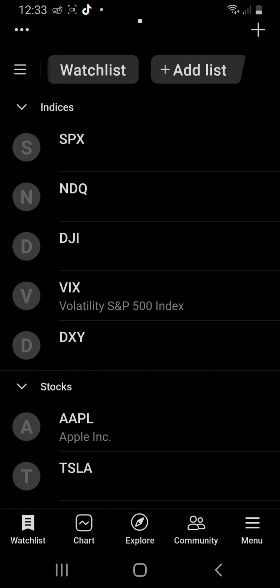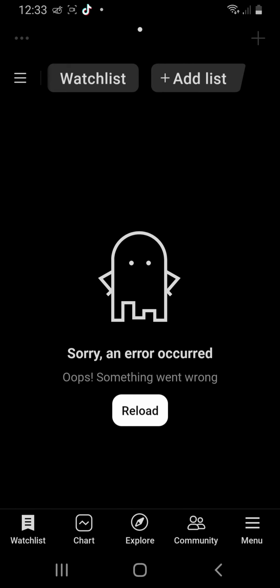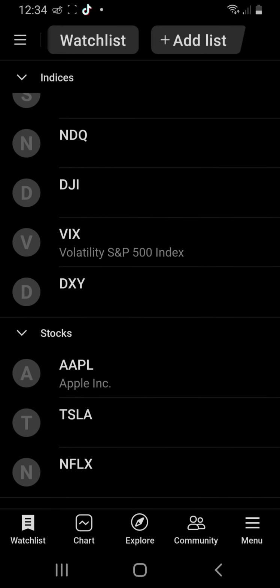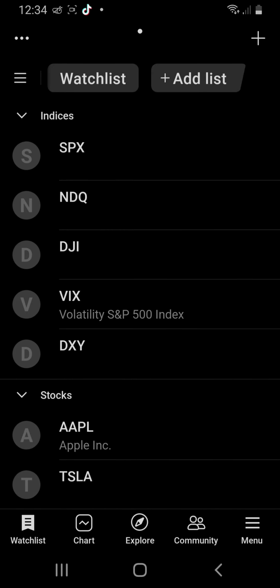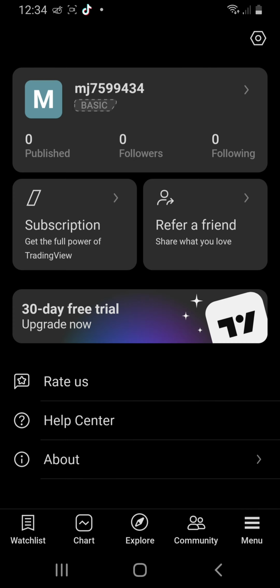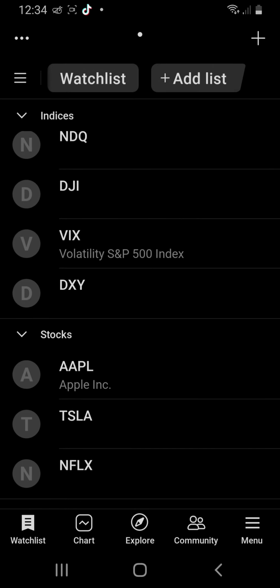So first thing, if you are a newbie on TradingView, the first thing you need to know is that TradingView is a platform that we use to do our technical analysis, to predict, anything that is considered technical analysis, either you are doing forex, crypto, or anything that involves charts.